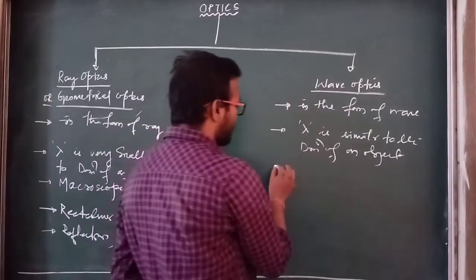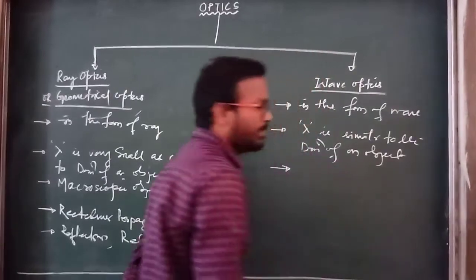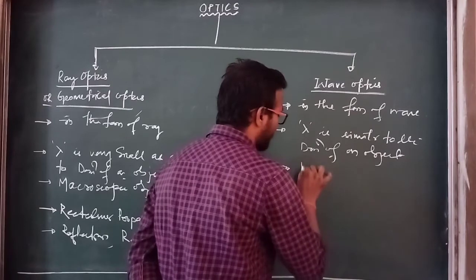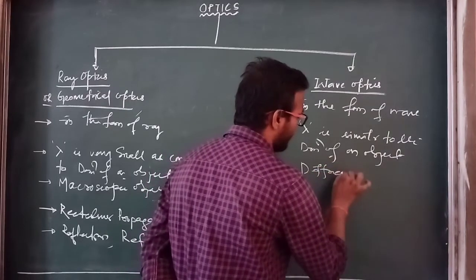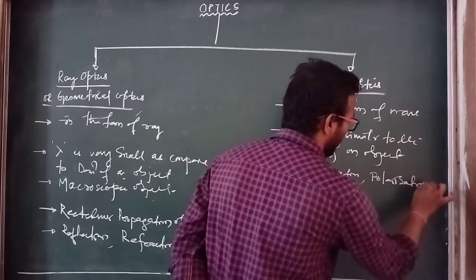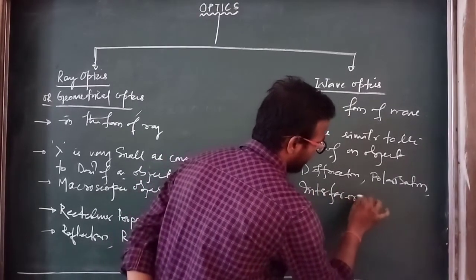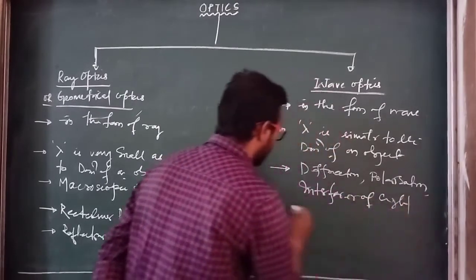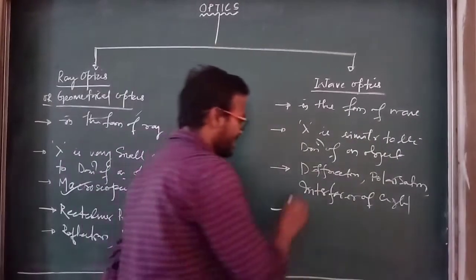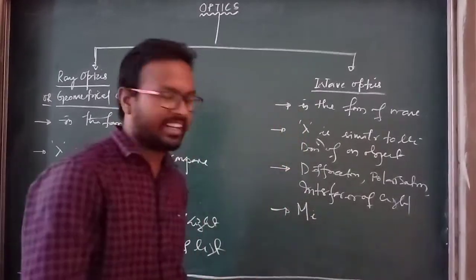But in case of wave optics, we discuss light in the form of a wave, and here we discuss diffraction of light, polarization, and interference of light. In ray optics we deal with macroscopic objects, but here we deal with microscopic objects, which are not visible to our naked eye.